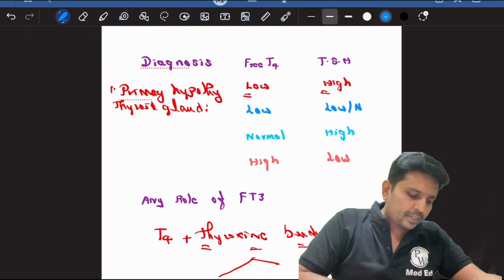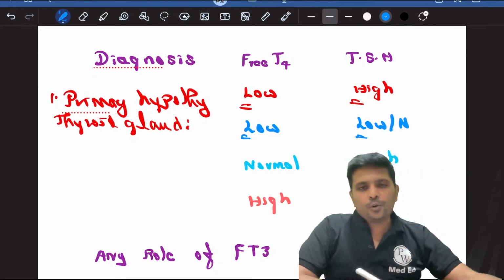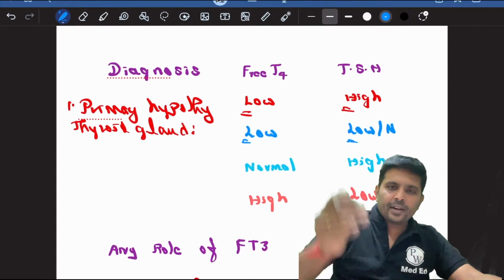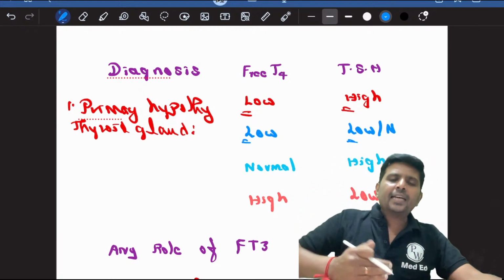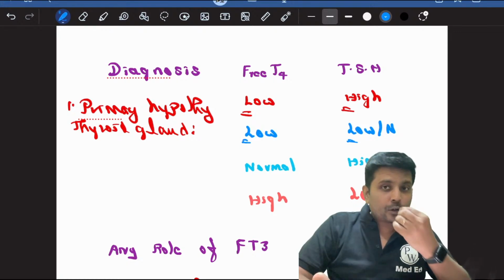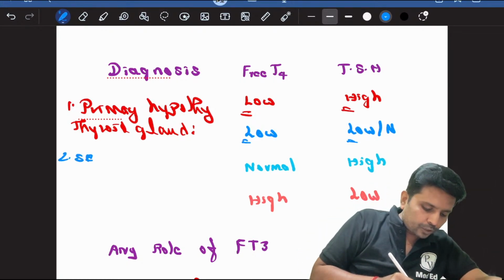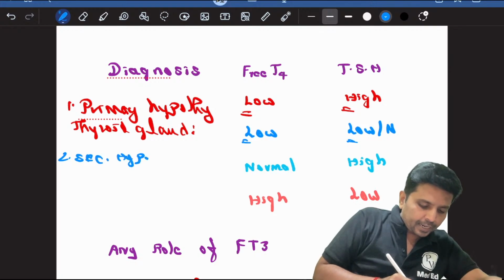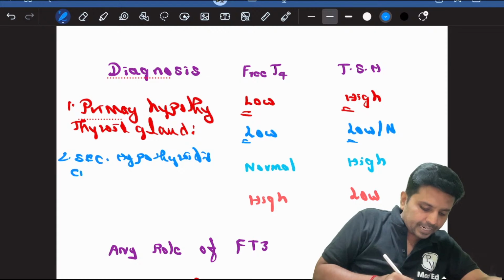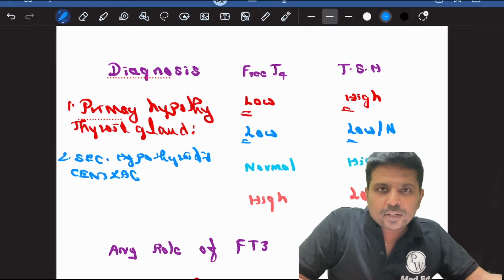Second one. In the second one, T4 is low and TSH is low. So what does it mean? Whenever T4 is low, TSH should be high. When TSH is not high, then it is called secondary hypothyroidism, otherwise known as central hypothyroidism, where TSH is produced by the anterior pituitary under the influence of what?